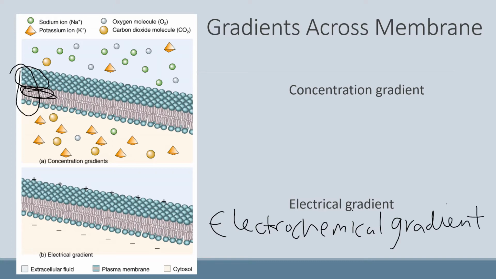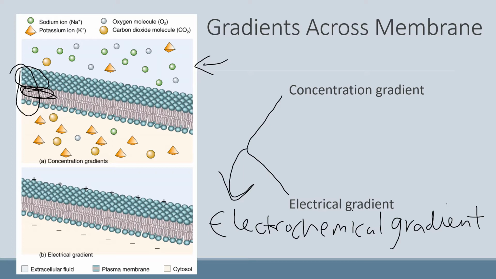Okay, so the combination of these two together forms an electrochemical gradient. We can have a concentration gradient separate from that of an electrical gradient, but a lot of times they are combined. So we're talking about a concentration gradient in this first picture up top. We're looking at a difference in the number of molecules on one side of the membrane in comparison to the other side.